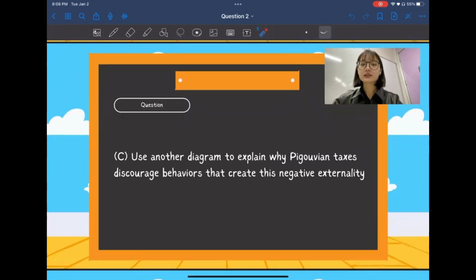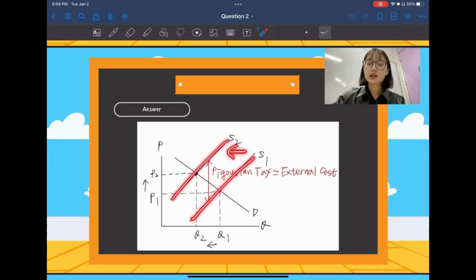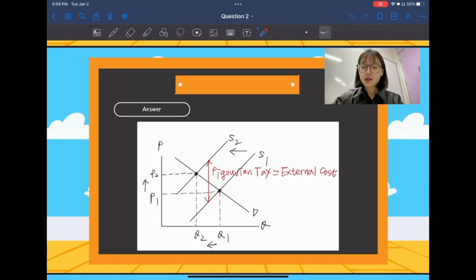And for question C, use another diagram to explain why a Pigouvian tax discourages behavior that creates this negative externality. Since the supply curve will shift to the left, the price will increase from P1 to P2, and the quantity will decrease from Q1 to Q2, which means the Pigouvian tax will increase costs to producers.